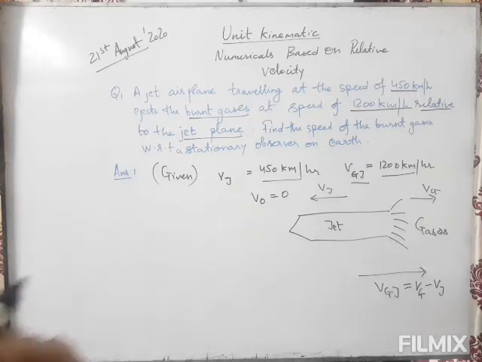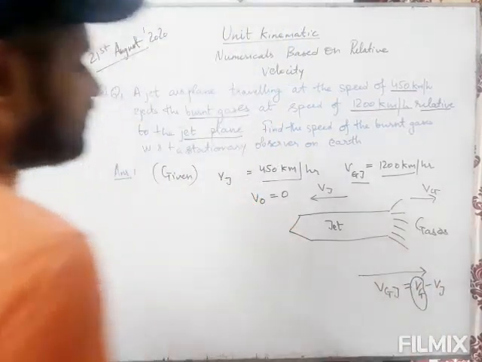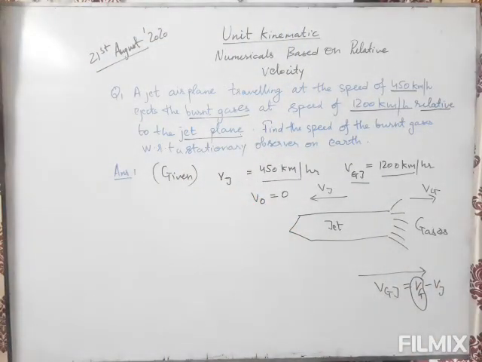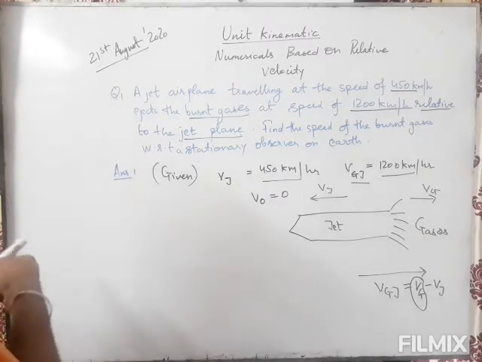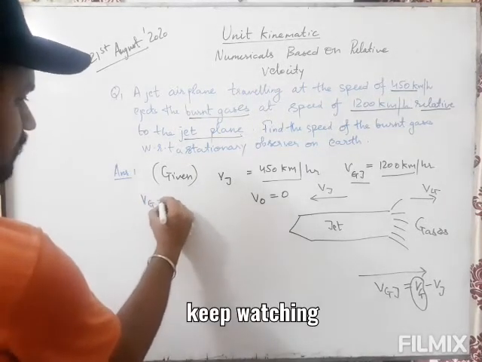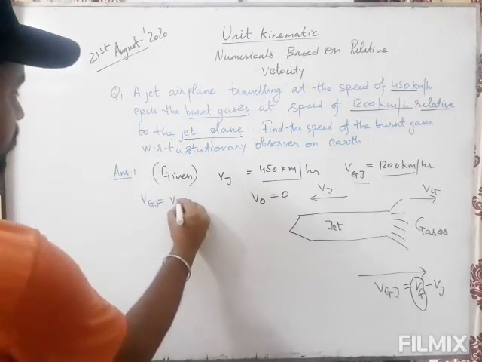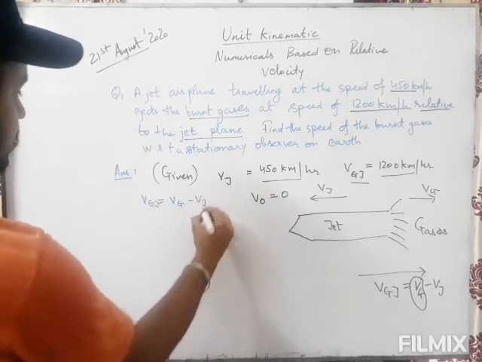Now here we have to find this with respect to the stationary observer. Firstly we will be finding VG, then we will be finding it with respect to the stationary observer. Now I am writing the equation again over here. This equation is VGJ equal to VG minus VJ.